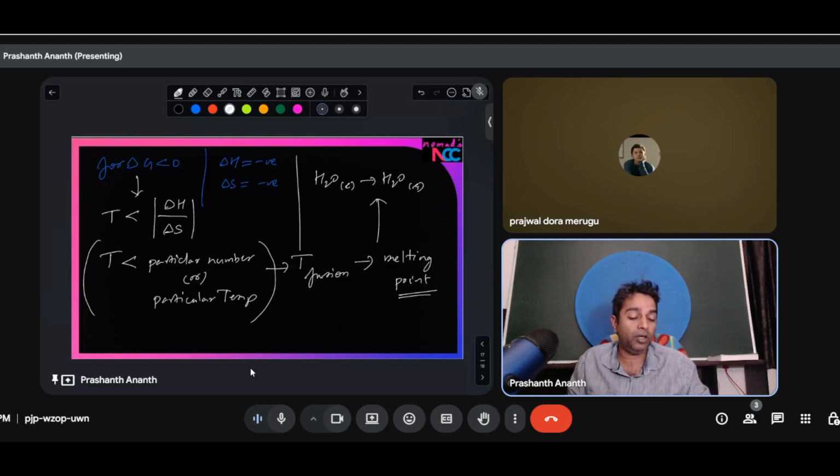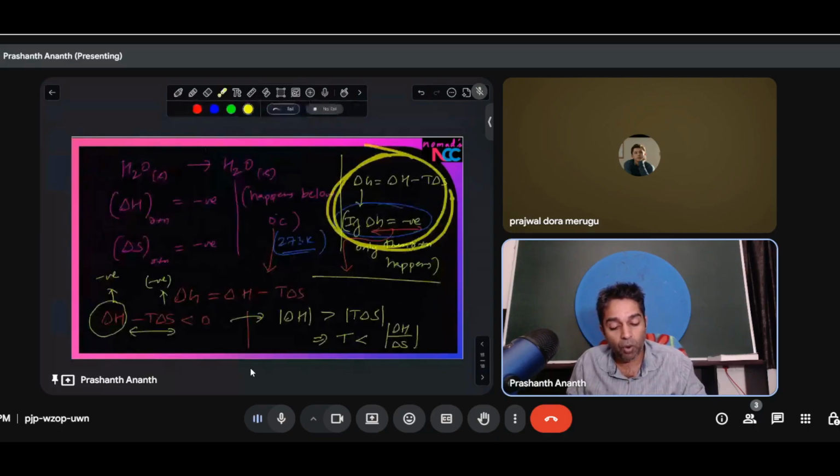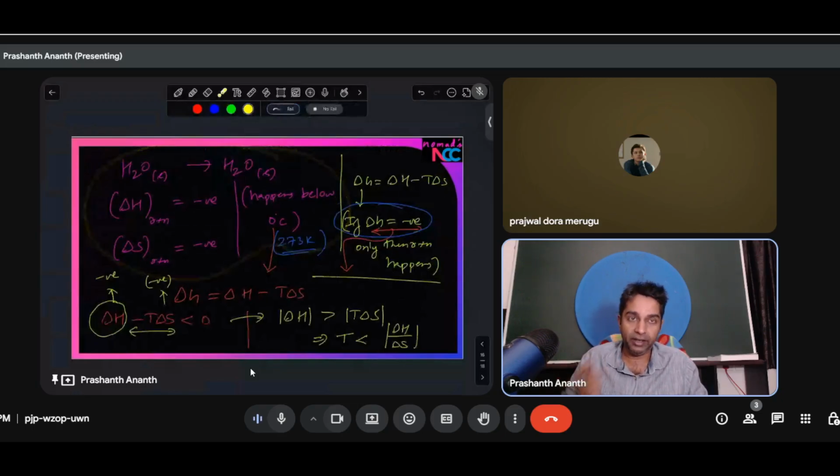Below melting point, or below freezing point. Melting point, in this case, is another name for freezing point. So below melting point or below freezing point is what we get as the analysis. This is a perfectly acceptable condition, which synchronizes the mathematics with what is actually happening in reality, with the numbers which we get in reality.